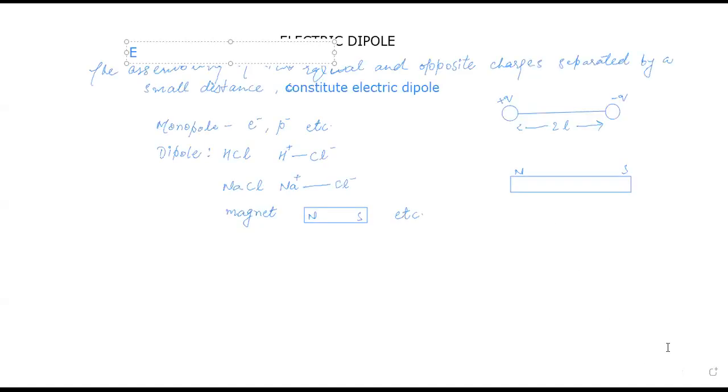Now, the next heading is electric dipole moment. Electric dipole moment measures the strength of the dipole.